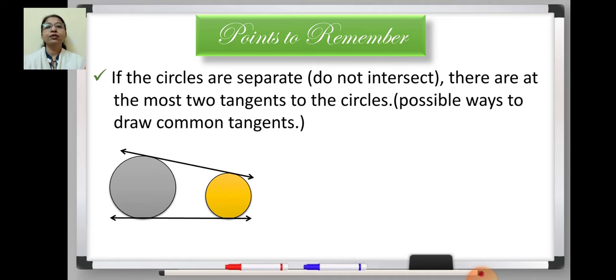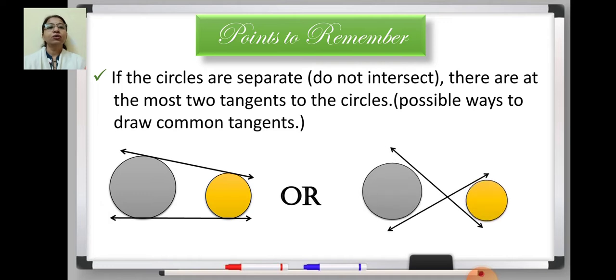Either you can draw common tangents in this way, or in another way. So these are the two possible ways. Note down this point: if the circles are disjoint, then we can draw at the most two common tangents. Right? Now point number 2.